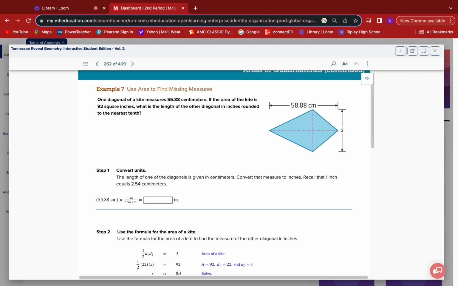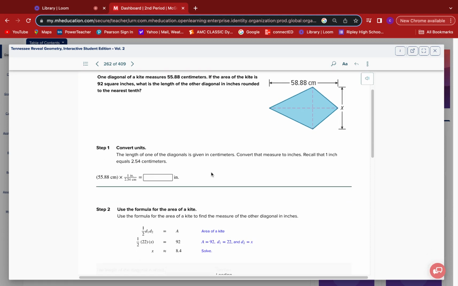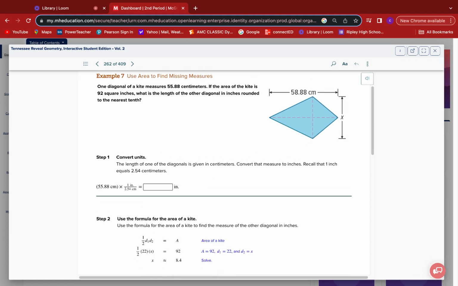All right, what are we doing here? Convert units. Oh, no way, they try to trick me. Oh, they're so mean. Yes, they did. Look at that. They give me 92 square inches, and then they put the diagonal in centimeters. Tricky, tricky, tricky. All right, so we've got to recall that 1 inch is 2.54 centimeters.